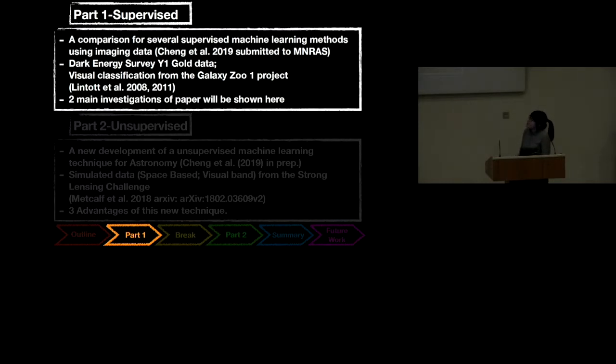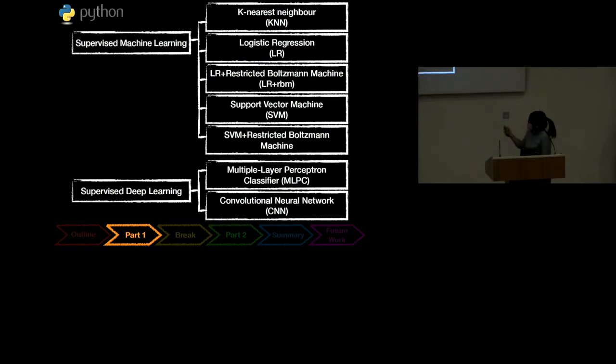We're working on the Dark Energy Survey, and there are 2 main investigations from my papers. These are the 7 supervised machine learning methods: k-nearest neighbor, logistic regression, logistic regression combined with a single-layer neural network, support vector machine, the same combined with a single-layer neural network, the multilayer perceptron neural network, and the convolutional neural network.